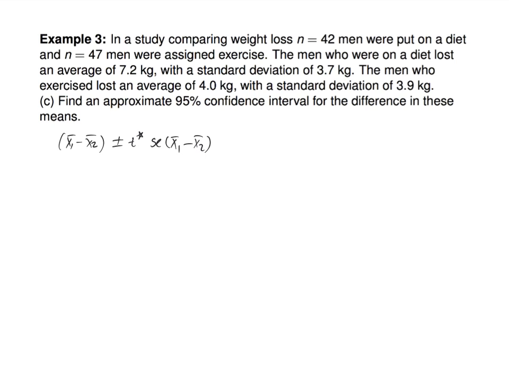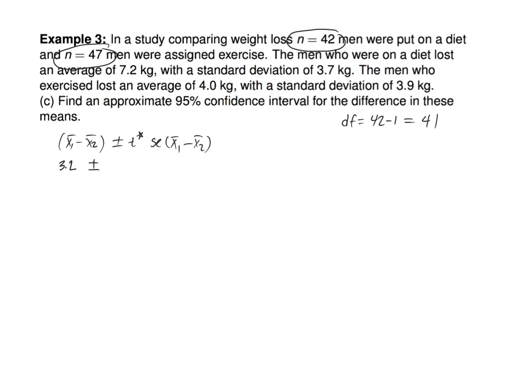What was your x1 bar minus x2 bar? 3.2. Plus or minus, and in this case, we have one sample size of 42 and one sample size of 47. Use 42, the smaller one. So our degrees of freedom will be 42 minus 1, or 41.